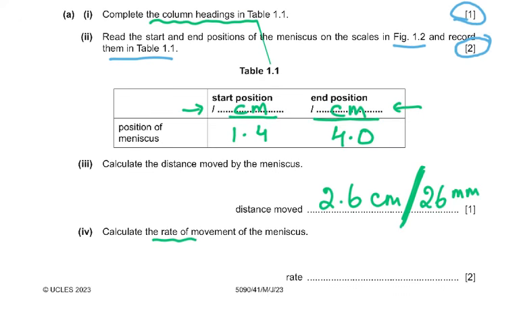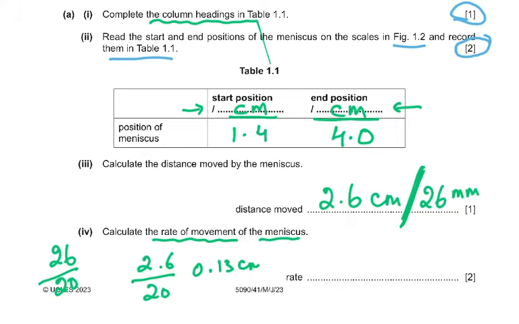So when it says calculate the rate of movement of the meniscus, what do you have to do? You have to divide 2.6 centimeter by 20, and that gets you 0.13 centimeter. Or you could have said 26 divided by 20. 26 is this here. 26 divided by 20 will be 1.3 millimeter.